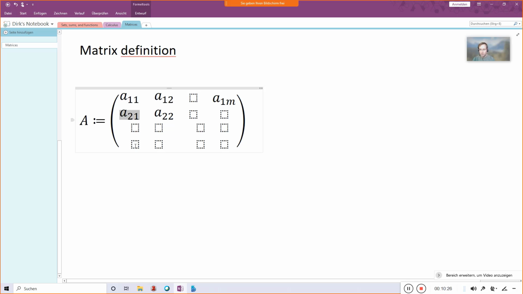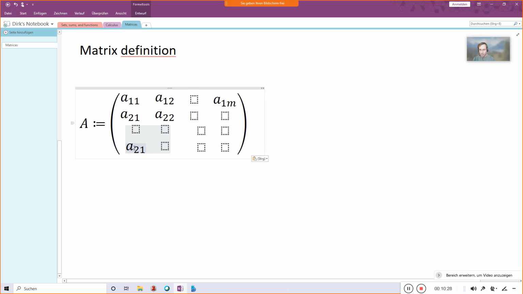Then the nice thing about matrices is that they always have finitely many elements. So at one point you reach the last row of a matrix, which we here call n. So this matrix has n rows, and we already reached the last column here.